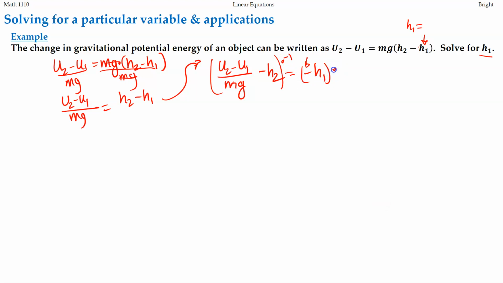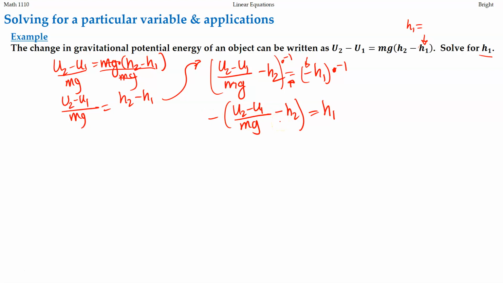Again, whatever you do to one side, you have to do to the other when there's an equal sign present. So my final answer is the negative of (u2 minus u1) over mg, minus h2, is equal to h1. And from here, if you wanted to distribute the negative sign to each of the two terms in here, feel free.